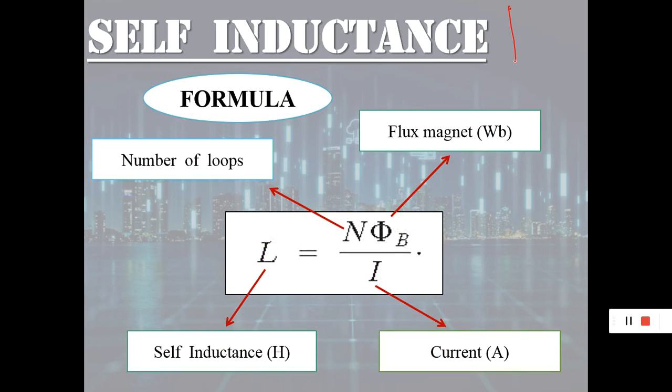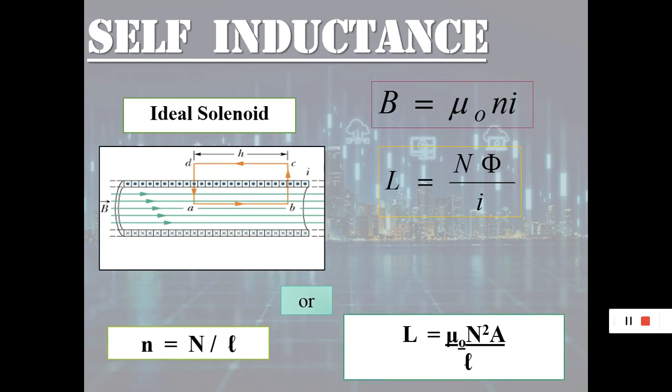If you remember, the formula for mutual is M = N flux over I. For self, L = N flux over I.